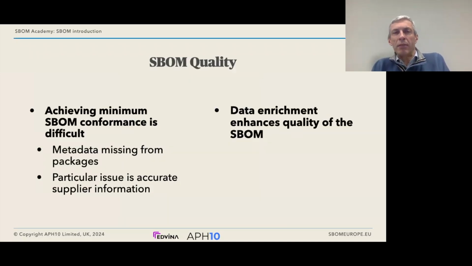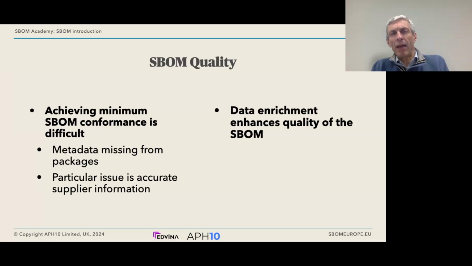One of the challenges that we often see is the quality of SBOMs. There are many tools out there that will generate SBOMs. There is a minimum standard that has been identified in terms of what the core content should be. This is often quite difficult to achieve, particularly getting what we call the metadata from the packages.